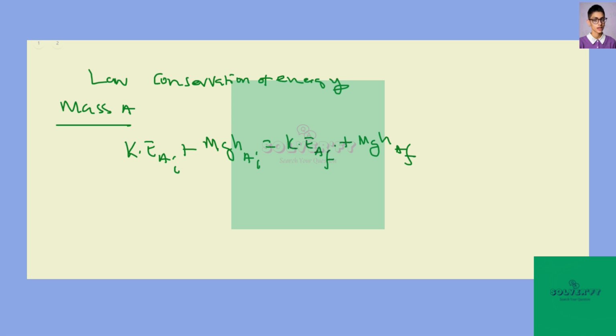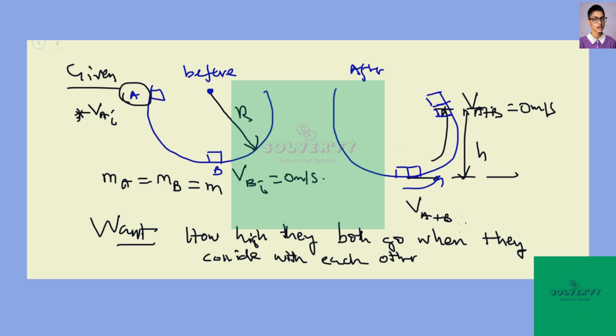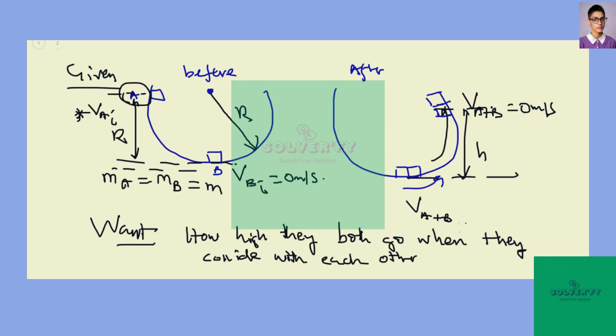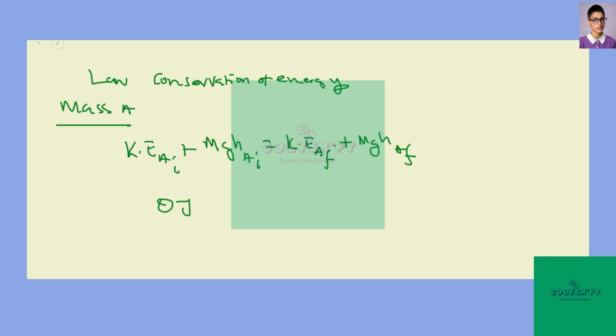You can see that this radius will give us the initial height from the base of the circular path. So this is going to be r. Coming back, we see that the initial kinetic energy is 0 joules, since we're starting right here, stationary.